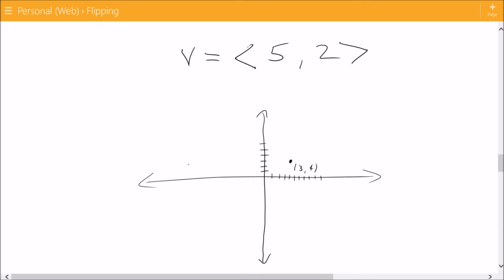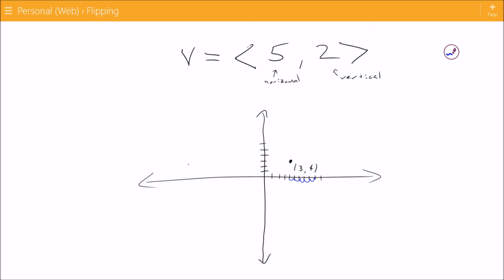You will often see vectors represented within these pointed brackets. So v equals <5, 2>. Think of this very similar to how you would think of coordinates on the xy plane. The first one is your horizontal, and then the second here is your vertical. So if I'm going to start and apply this vector v to my starting point here at (3, 4), I've got to go 5 horizontal, so that's 1, 2, 3, 4, 5.